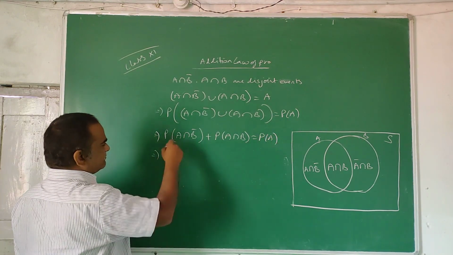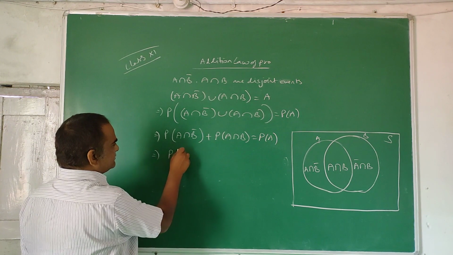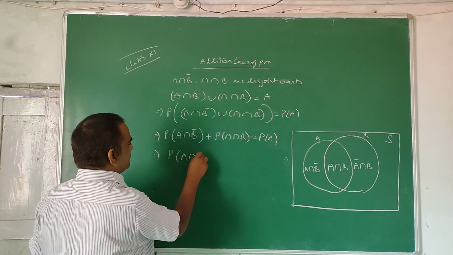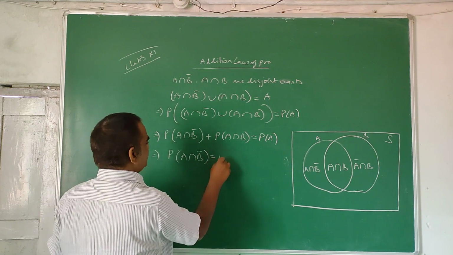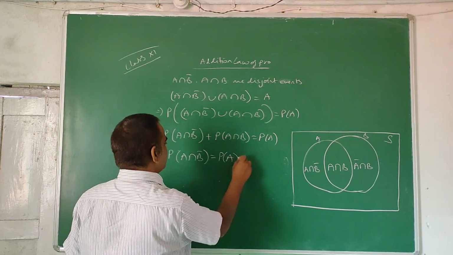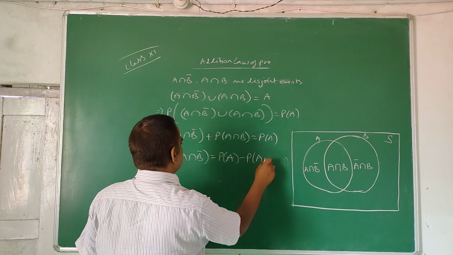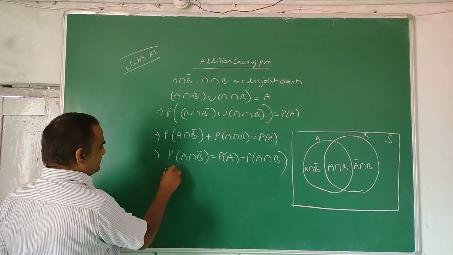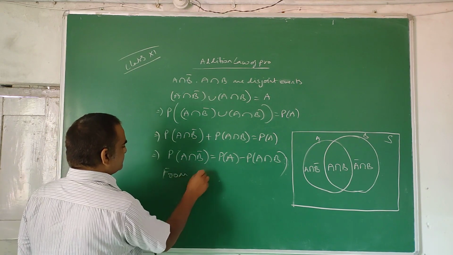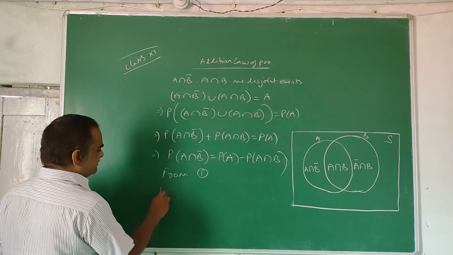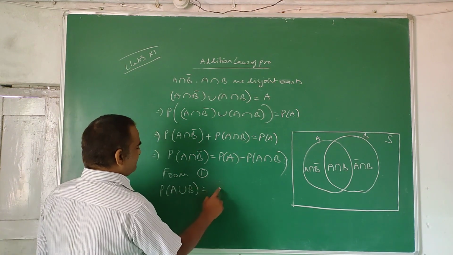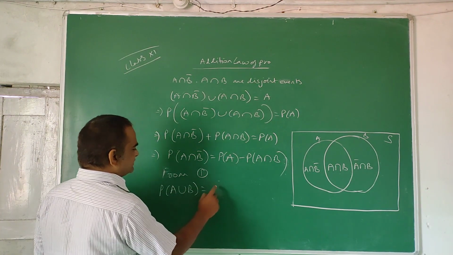So by transposition, P of A intersection B complement is equal to P of A minus P of A intersection B. Now you have that equation 1. Therefore from equation 1, P of A union B is equal to, now here P of A intersection B complement is there, no?